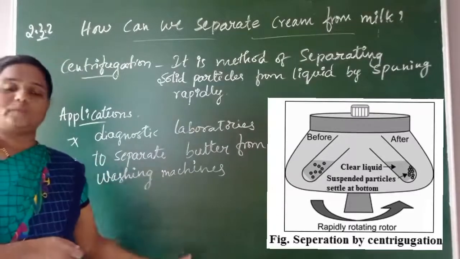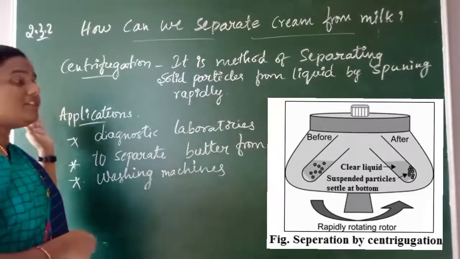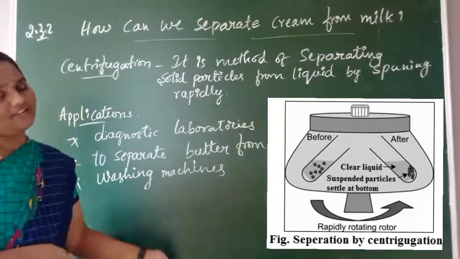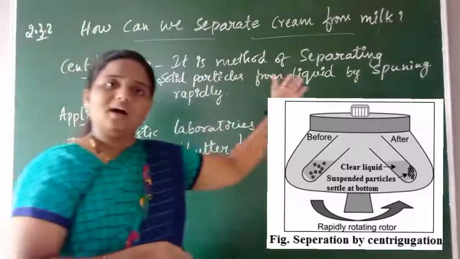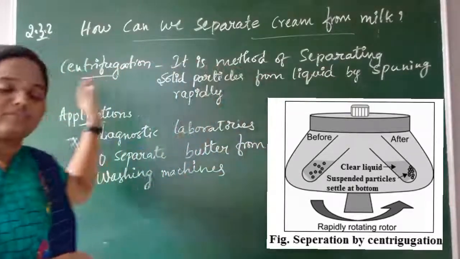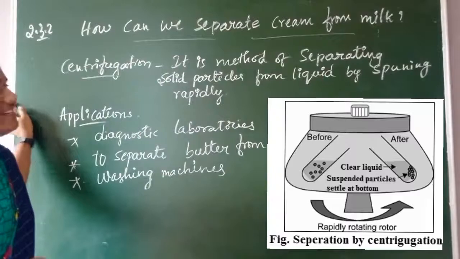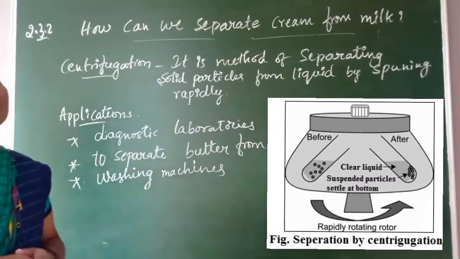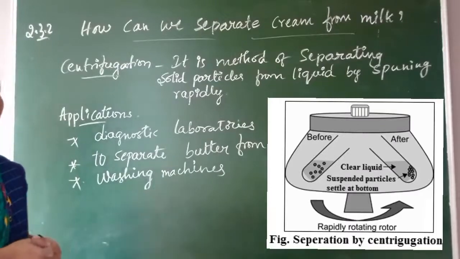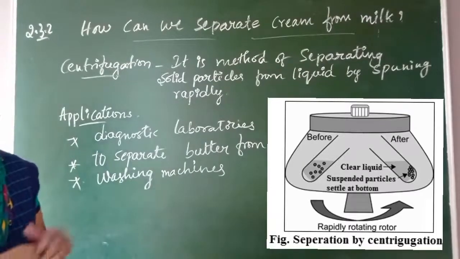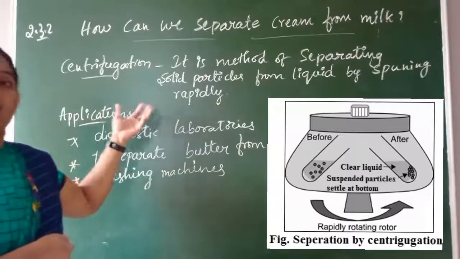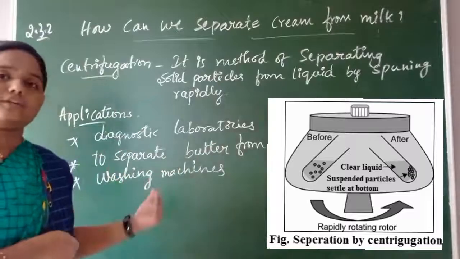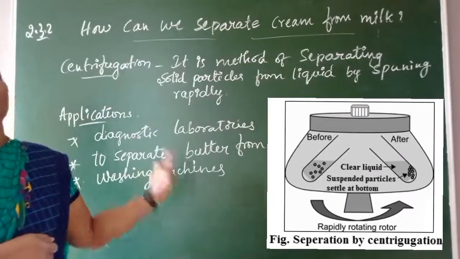What is meant by centrifugation, for which mixtures we can apply this method, and what are its applications? Especially to remove cream from milk, the centrifugation method is applied. That is simple, children. We need to use a centrifugation device or any milk churner. When we spin it rapidly, or churn that mixture, the lighter particles stay at the top of the mixture, and by doing so we can separate the components from the mixture.